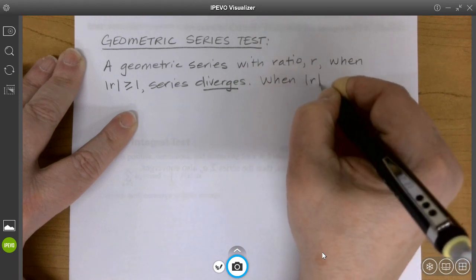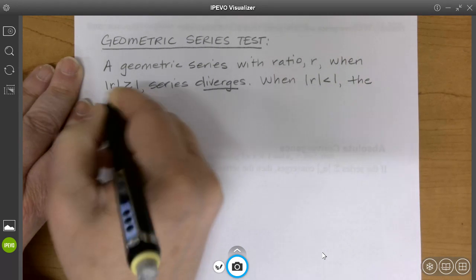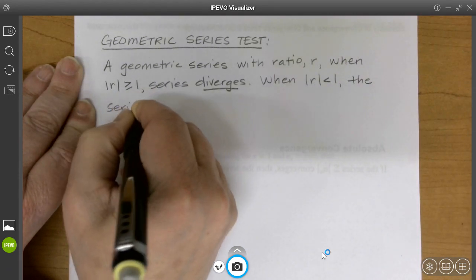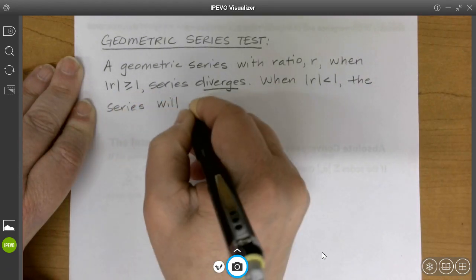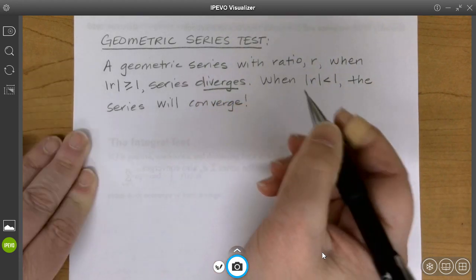When the absolute value of r is less than 1, the series will converge. And what does it converge to?